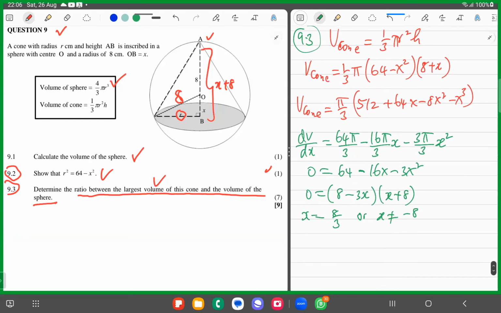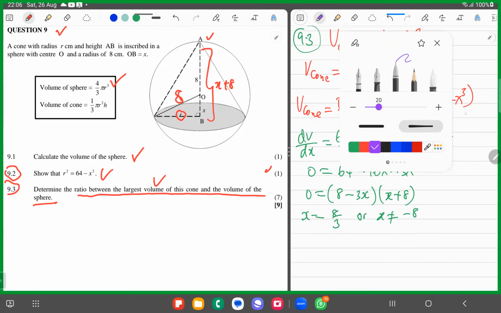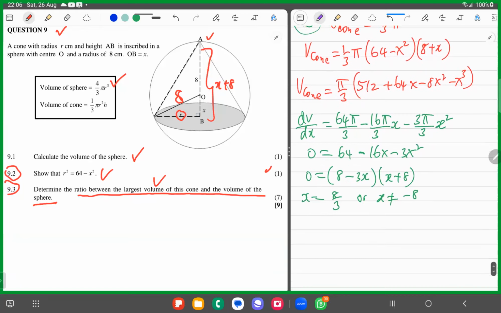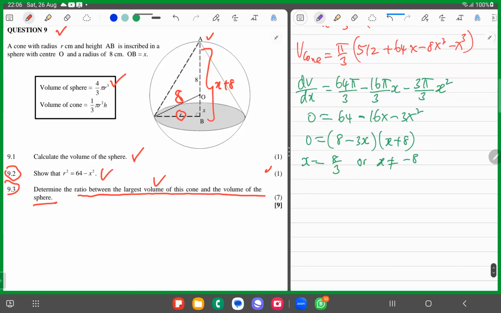So what is therefore the volume required? The actual volume of the cone divided by the volume of the sphere.